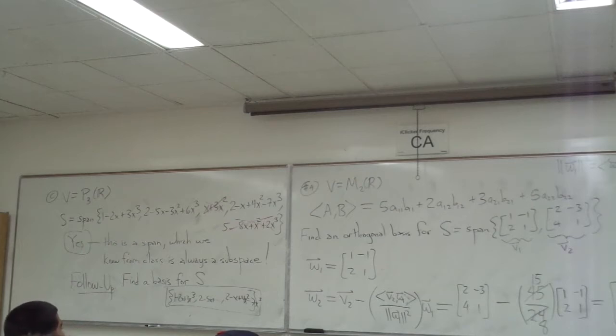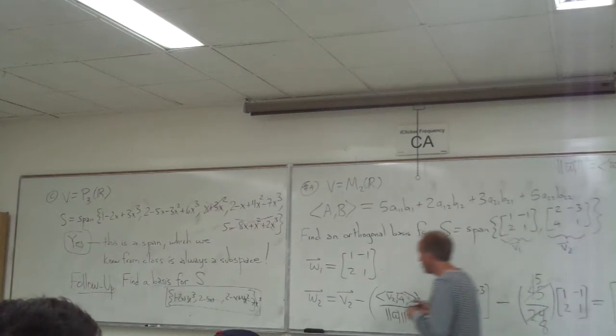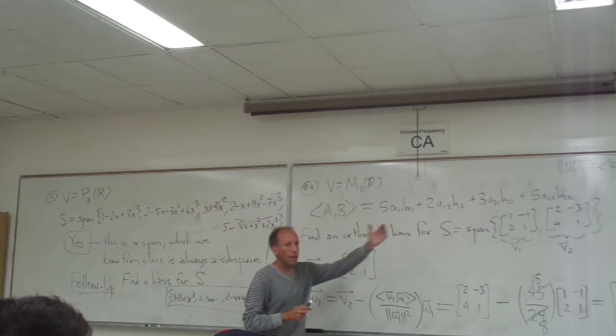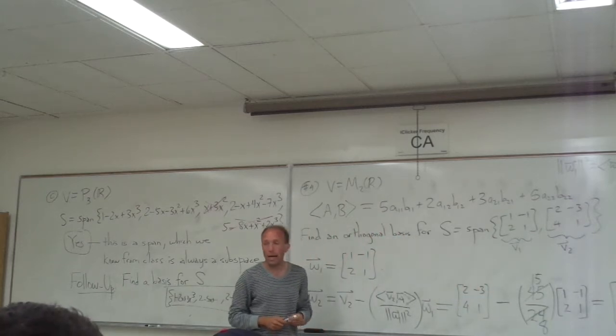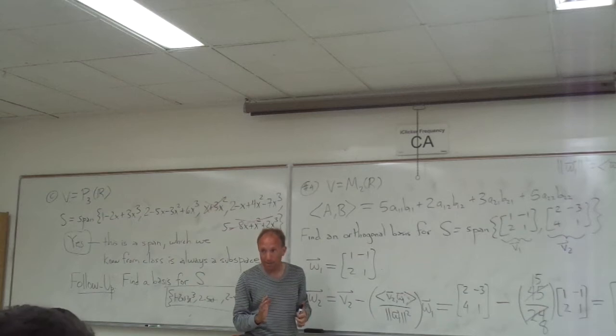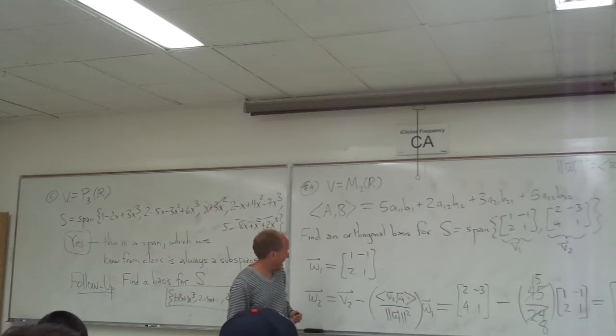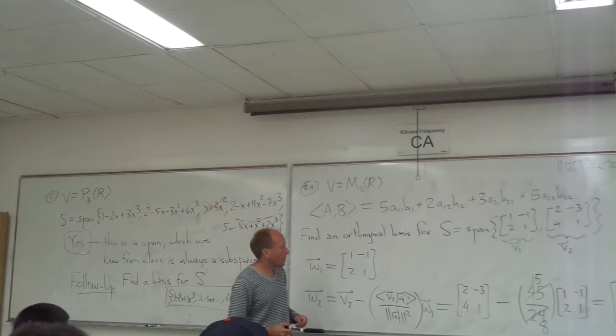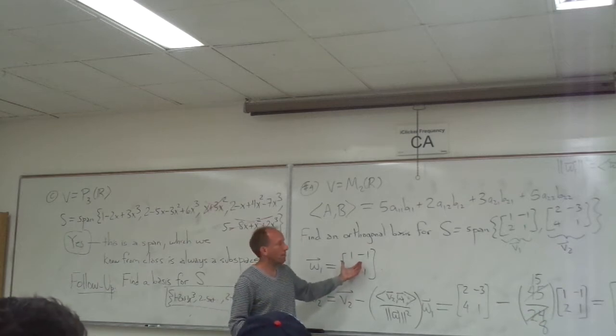So your final answer then would just be W1 and W2. That would be your basis. And that is an orthogonal basis. That's not an orthonormal basis, right? If I wanted an orthonormal basis, I would have to take each vector and divide by its norm.